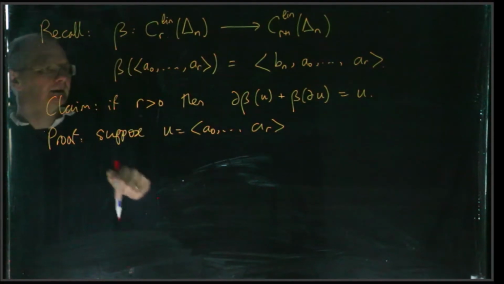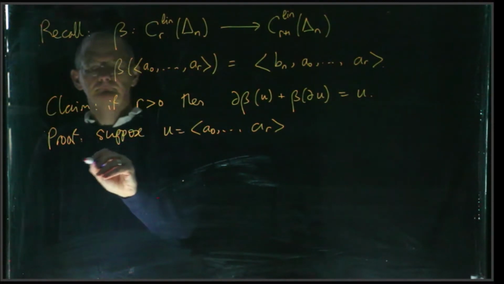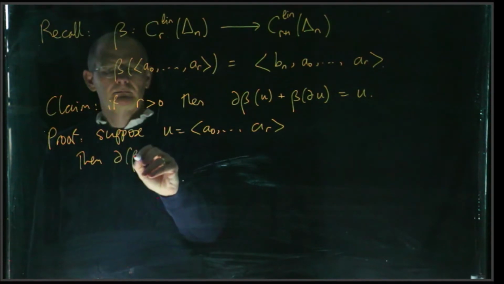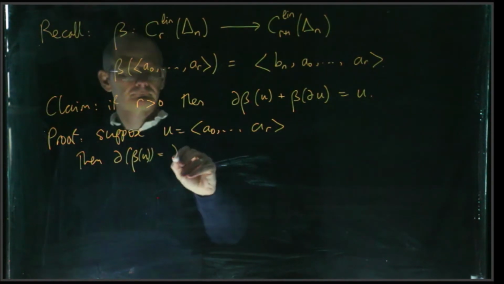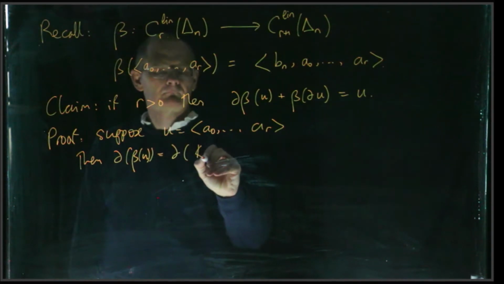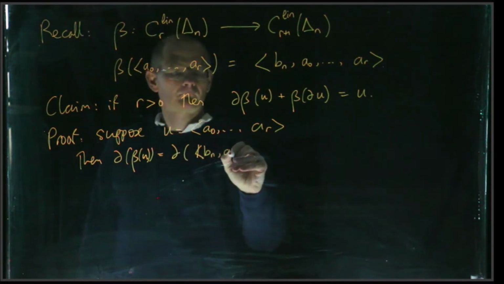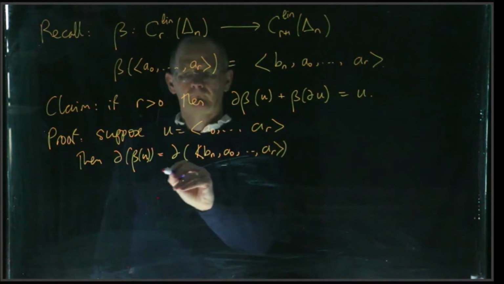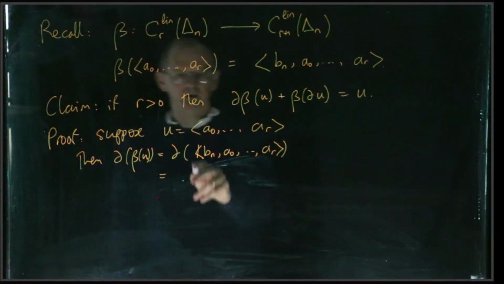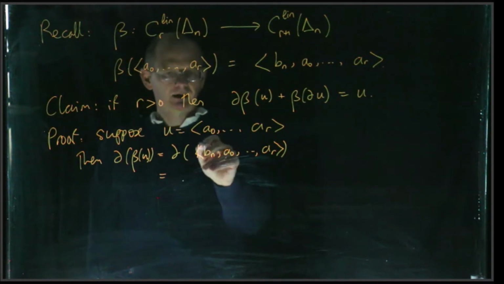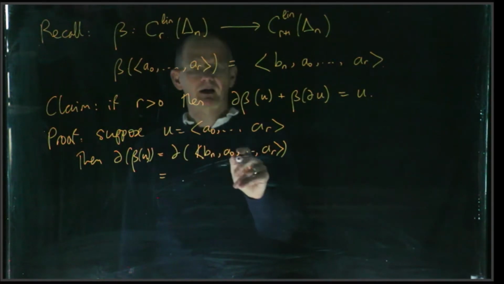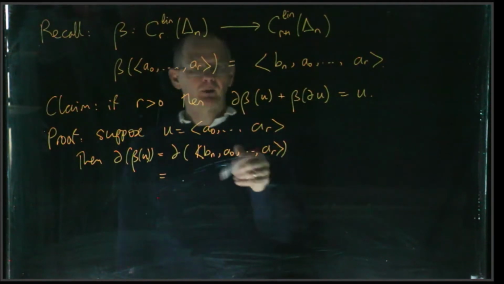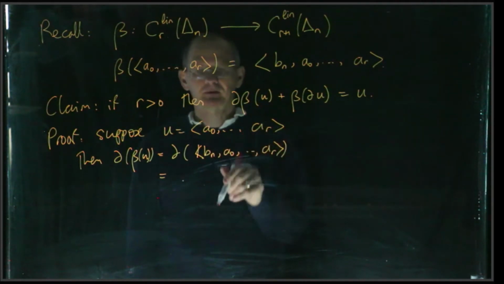Okay, so we take this thing, we take the boundary. Firstly, the boundary of one of these, you just omit one vertex each time and put in the appropriate sign.